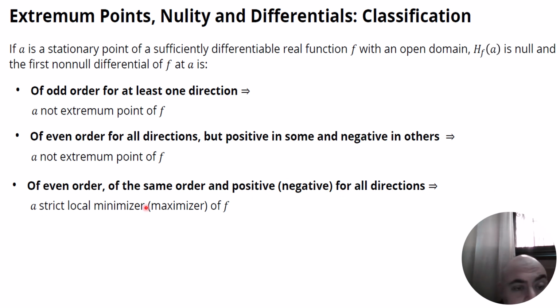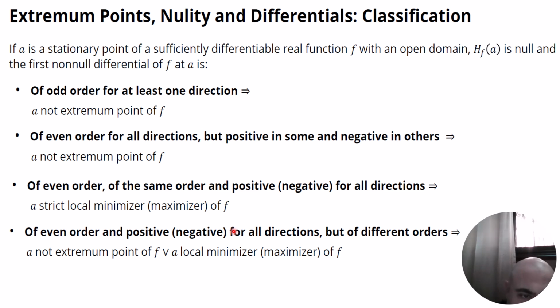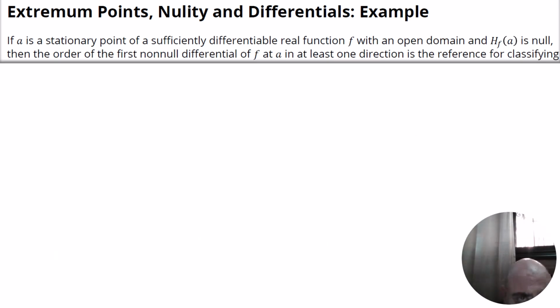If it is negative for all directions, then it's a maximizer of f. If it's of even order and positive for all directions but of different orders, then it's not an extremum point or a local minimizer. So that's the bottom line of this.